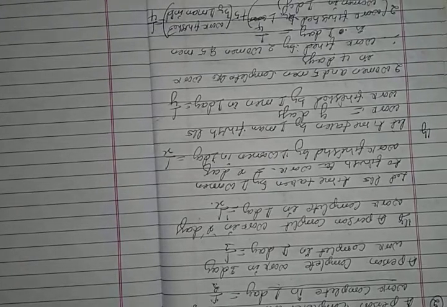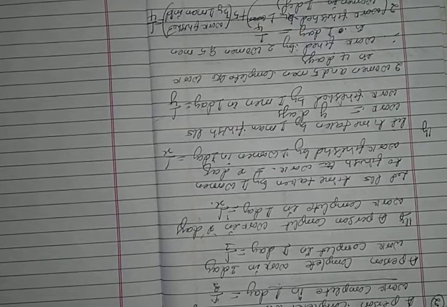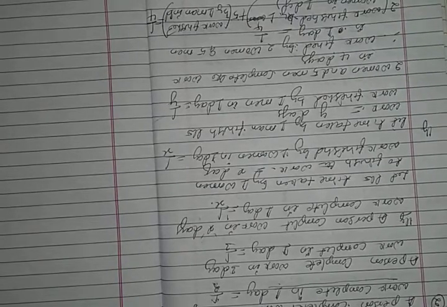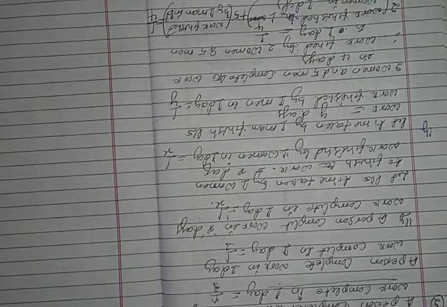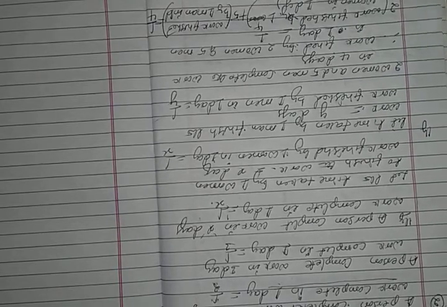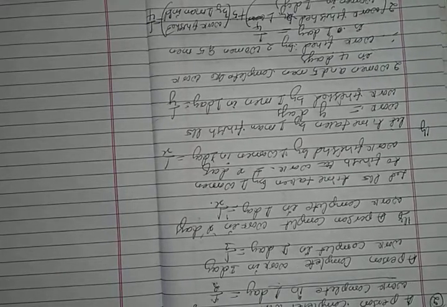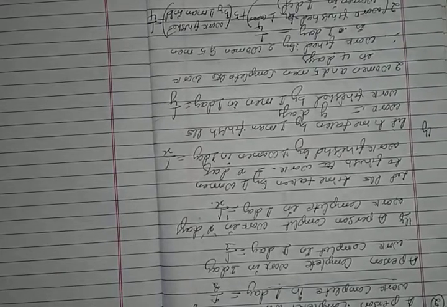So that is 2 into 1 by x plus 5 into 1 by y is equal to 1 by 4. That is 2 by x plus 5 by y is equal to 1 by 4. This is equation number 1.